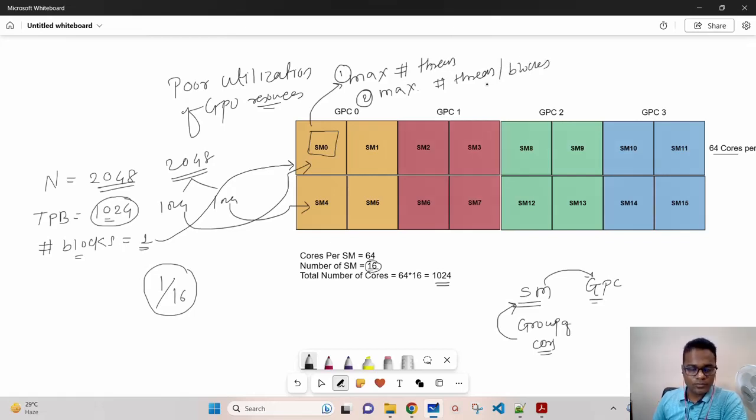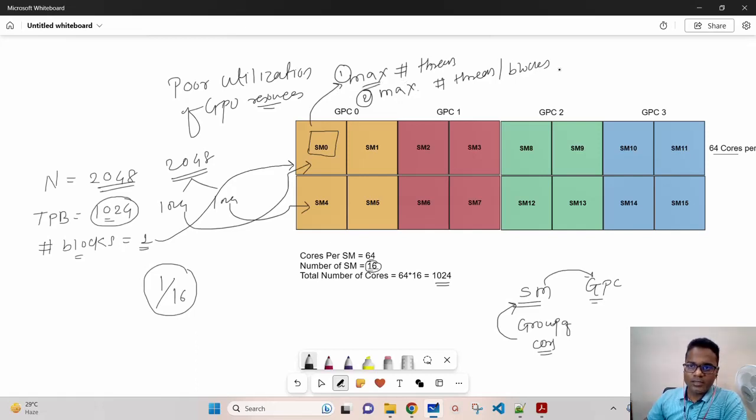That is also a limitation. For every GPU there is a different maximum limit. I cannot schedule at a time more than 2048 threads per SM, let's say. That is the maximum number of threads per SM.